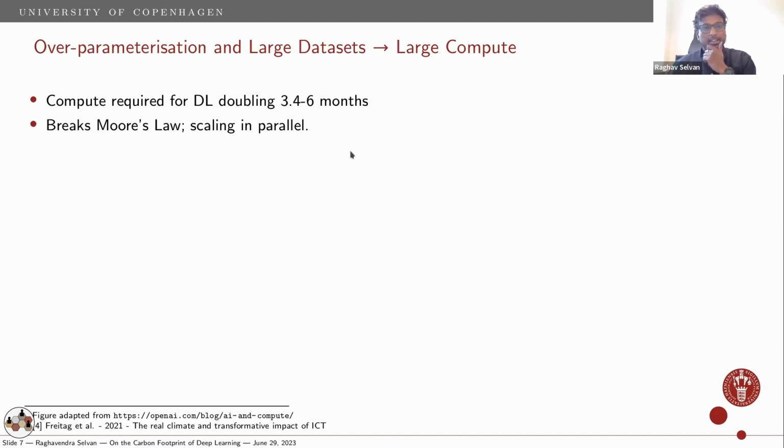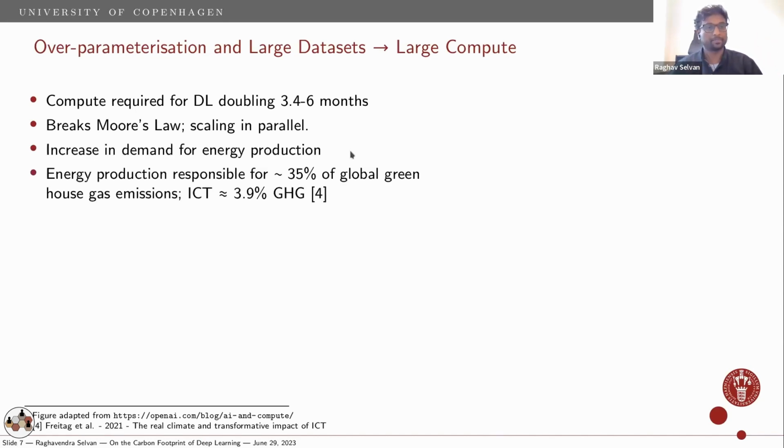Instead of running on a single chip, we take a cluster of these and do training in parallel. Which means we are no longer running on laptops or single GPU workstations, but we train these models and deploy them on big data centers.